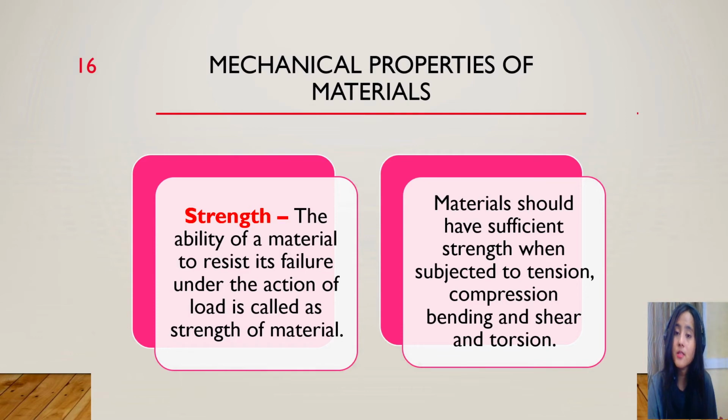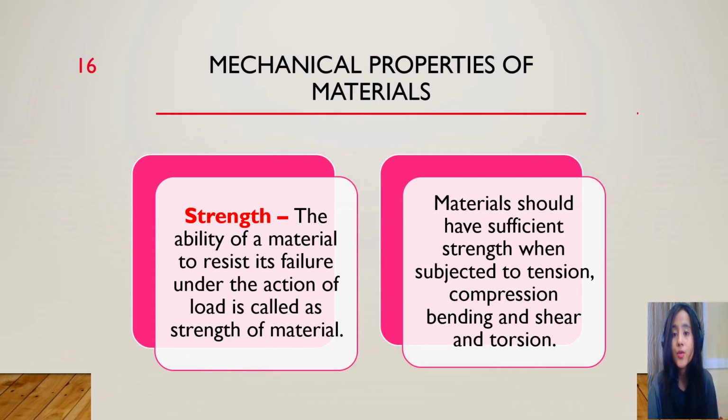If it breaks suddenly when we apply a certain load, it is not able to resist the load. If it fails suddenly, we can say that the strength of this material is less, right?